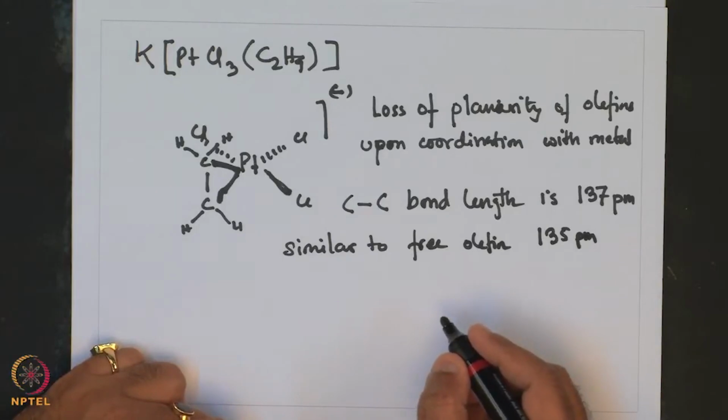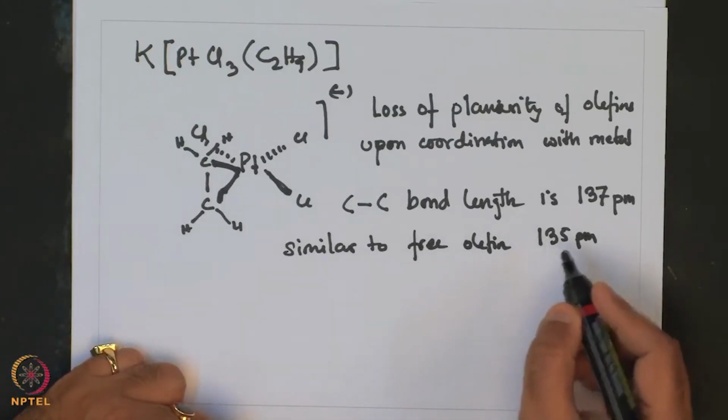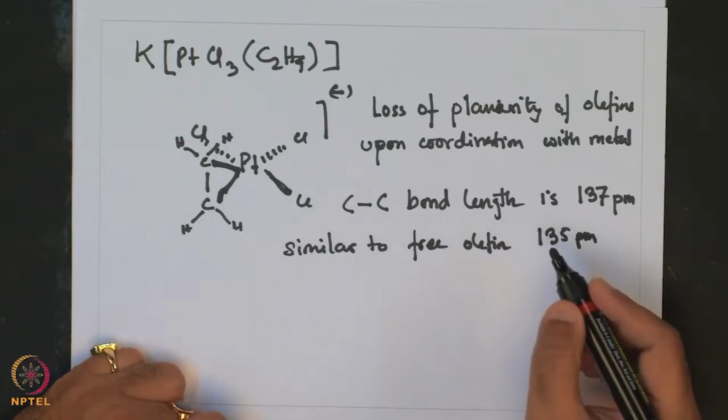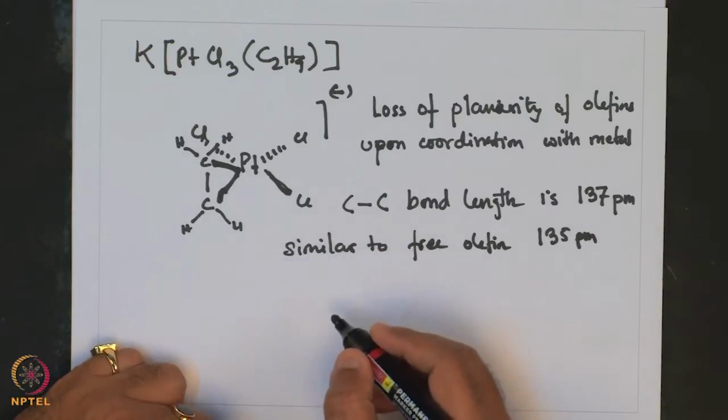Now, what it means is that this is a very weak adduct of the olefin bound to the transition metal.